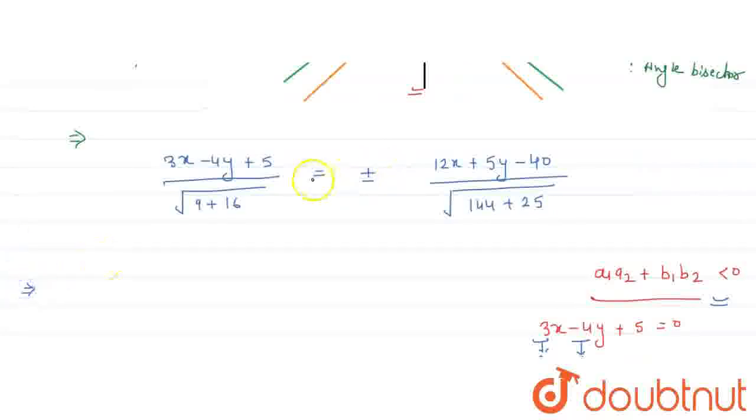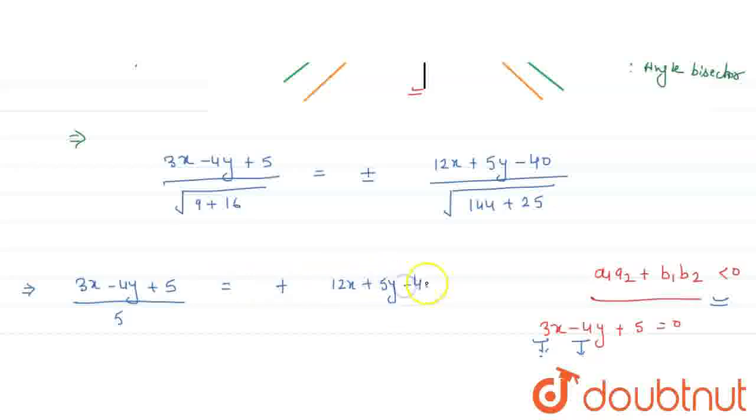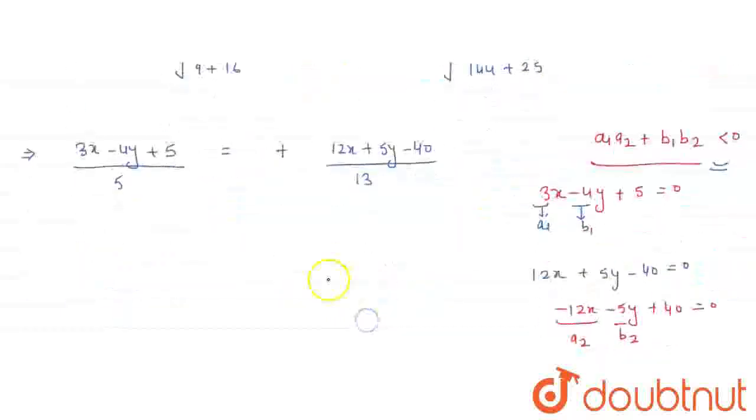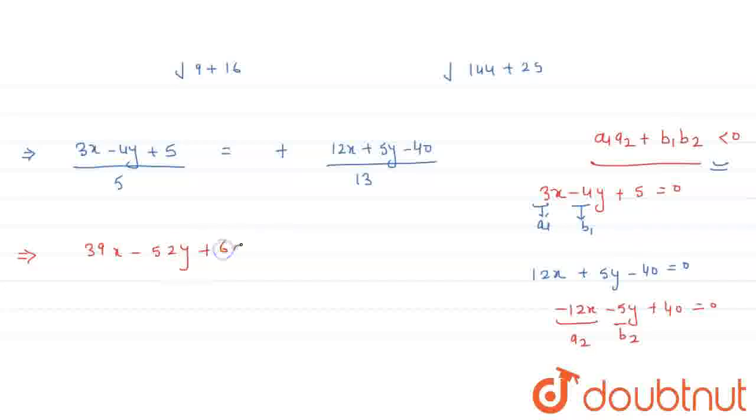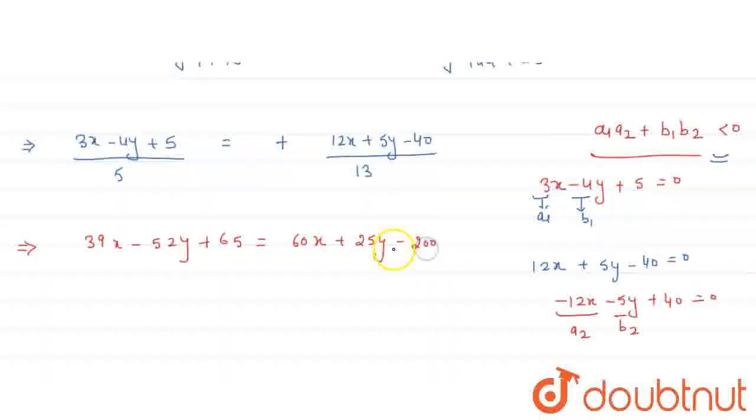So our expression becomes 3x minus 4y plus 5 upon 5 in the denominator, is equal to, now taking the positive sign, 12x plus 5y minus 40 upon 13. Now cross multiply. So 13 times 3 is 39x minus 52y plus 65 is equal to 60x plus 25y minus 200.